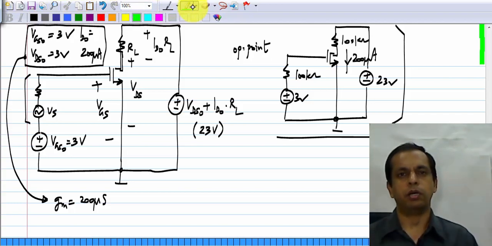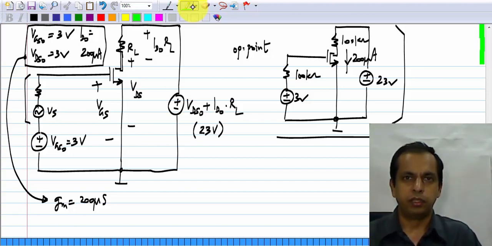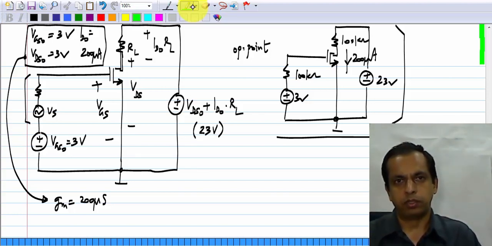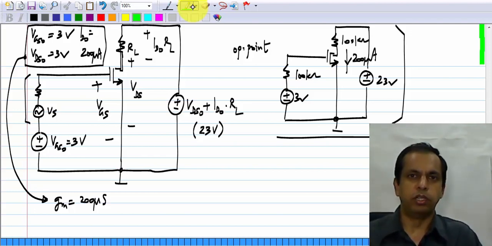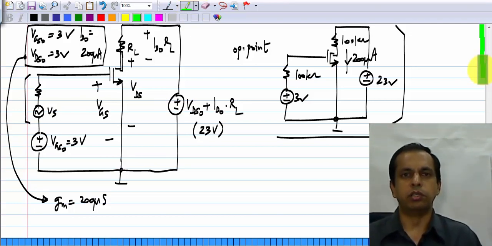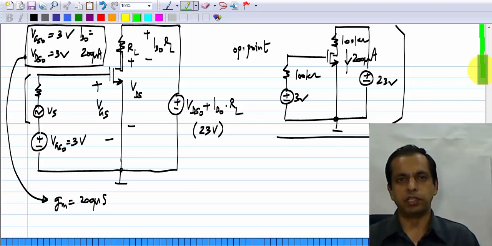Now, remember one thing about MOS transistors, it could be in triode region or saturation region or cutoff. So, you have to try all of them. Now, of course, this is not something new. In case of diodes also, the diode could be on or off. So, when you are analyzing the operating point of a circuit with diodes, you have to assume that each diode was either on or off and work out the calculations and see which is consistent.